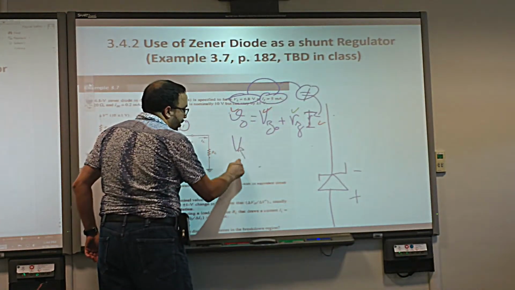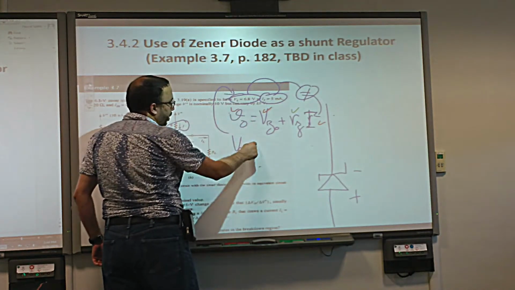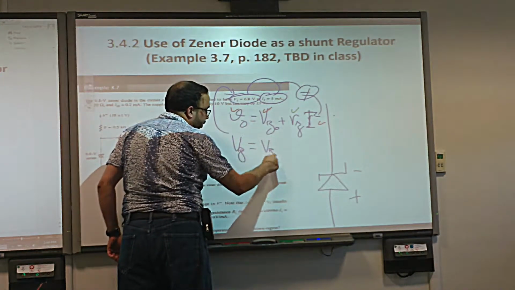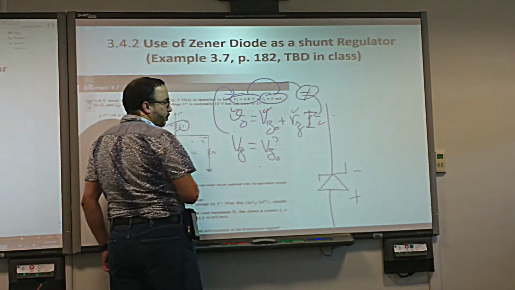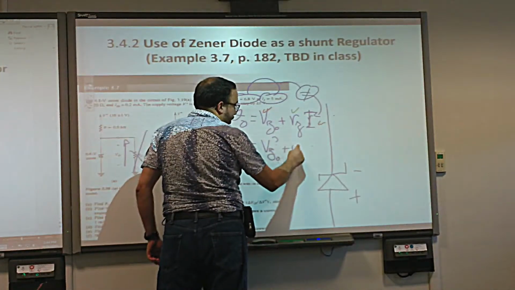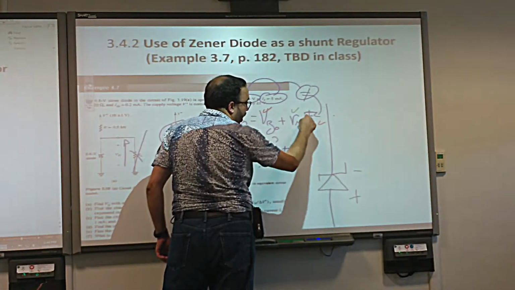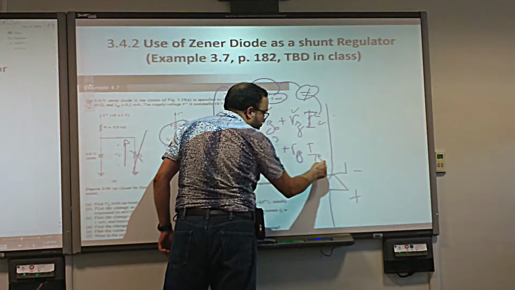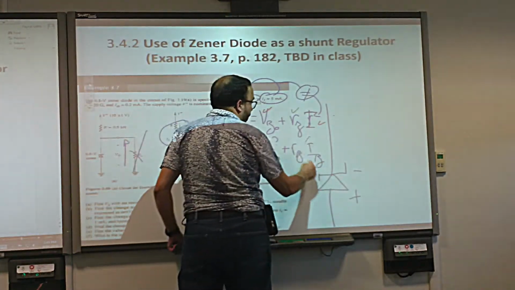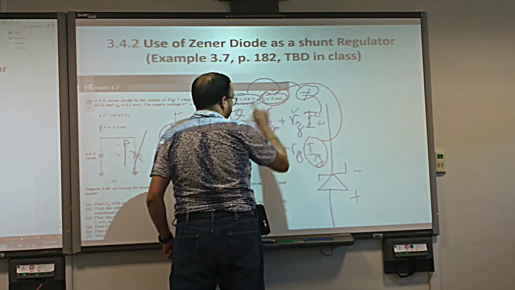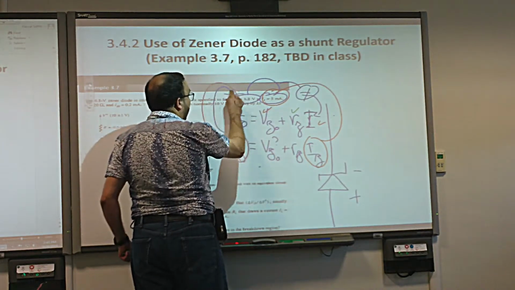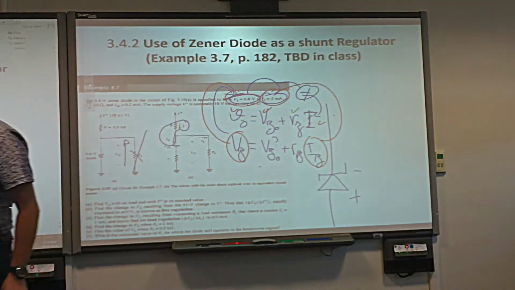So I write VZ, which is this, is equal to VZ0 that I don't know, plus RZ which I know, times IZ that I do know. Now this is going to be this, and this is going to be that. Do you understand?